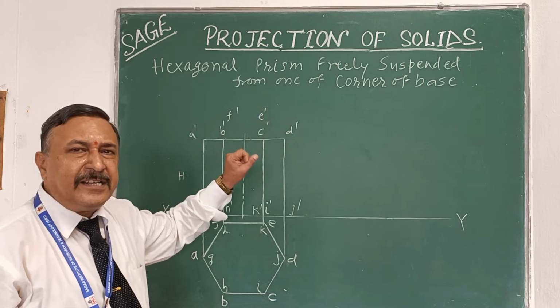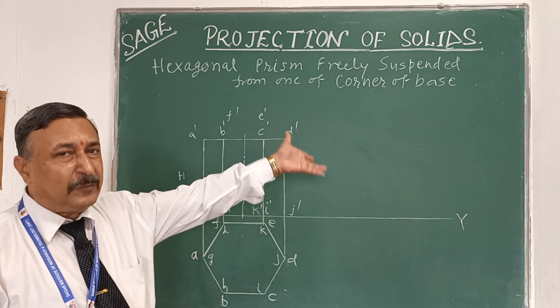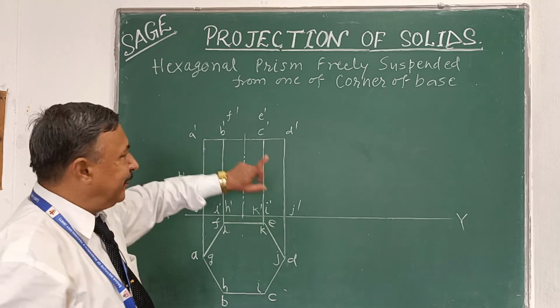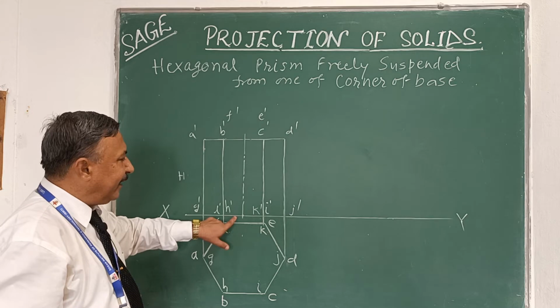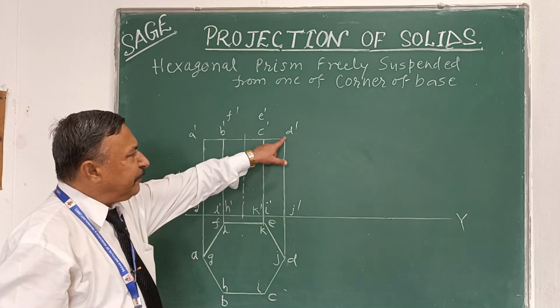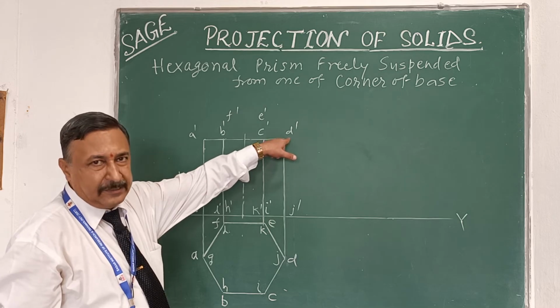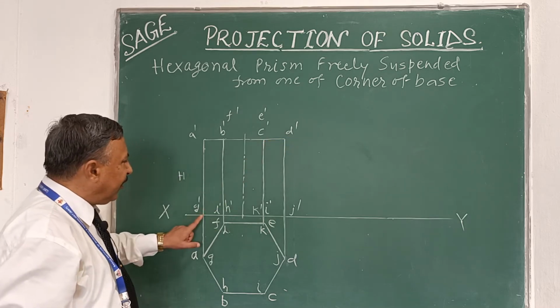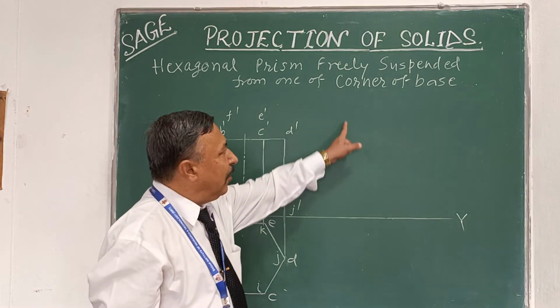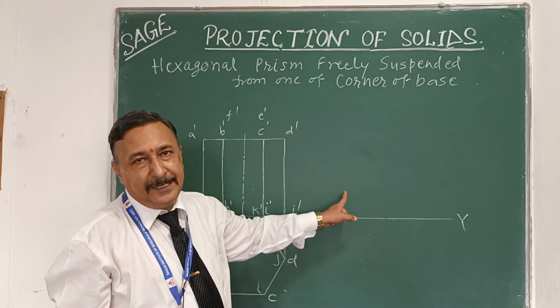So what is the condition when a prism is freely suspended? Now see, a prism has two bases, one is top and another is bottom. If we freely suspend from this corner, the opposite corner of the base is exactly below, in a vertical line.